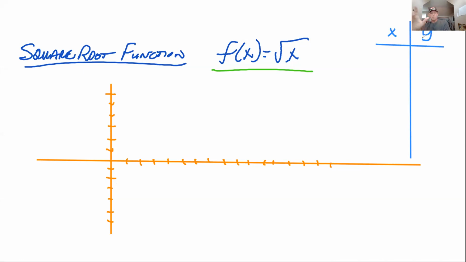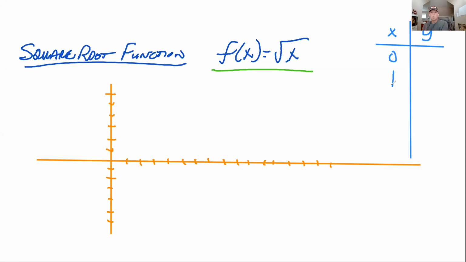So let me start with a couple of the more obvious x values, and that's going to be 0 and 1. But we're going to stop right there, and then I have to think about this a little bit because it gets a little bit tricky after that. So remember, think about what a square root is. A square root of a number is some other number you multiply by itself to get the original number.